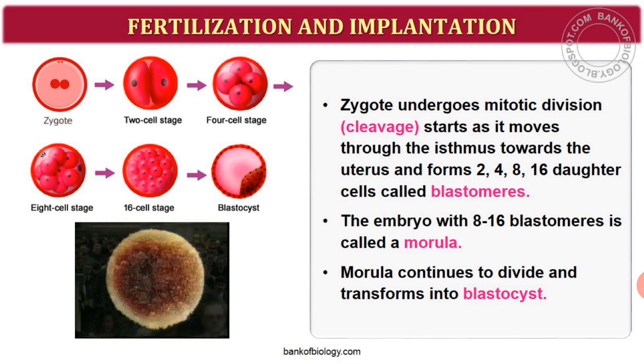As a result, there is formation of the 2-celled stage, 4-celled stage, 8-celled stage, and 16-celled stage, and together you call these blastomeres. The embryo with 8 to 16 blastomeres is called a morula, and this morula continues to divide and transform into a blastocyst.